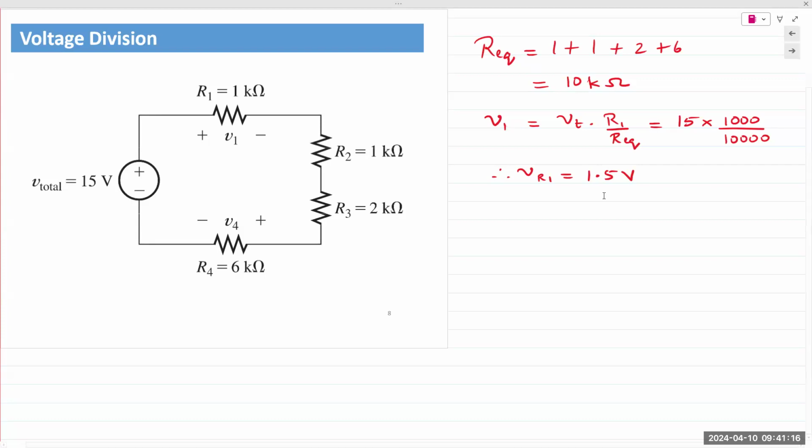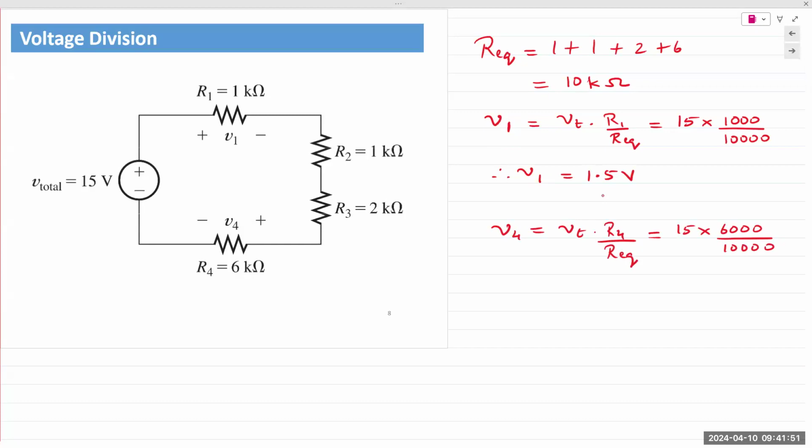Okay, let me wipe out VR1. Let me just call it V1 because the diagram already has V1, V2, V3, V4. What is V4? Vt times R4 divided by Req, 15 times 6,000 divided by 10,000.